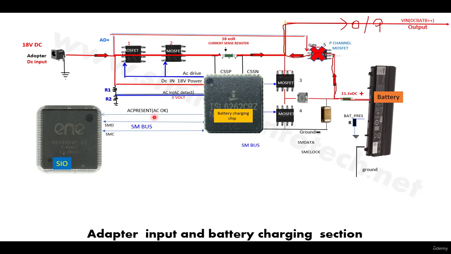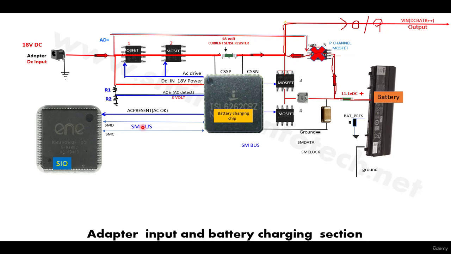ACOK means adapter current okay, or AC present. So it generates a binary 3 volt here, and this 3 volt is given to this ACOK pin on the SIO. If the 3 volt comes here, then the SIO will come to know that the adapter current is there. After that, the SIO comes to know that now the laptop is working on the adapter.